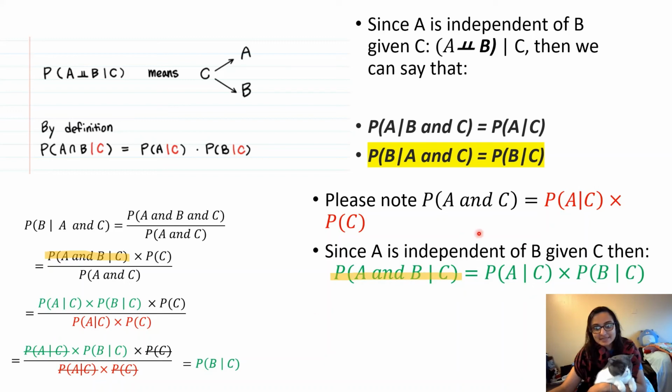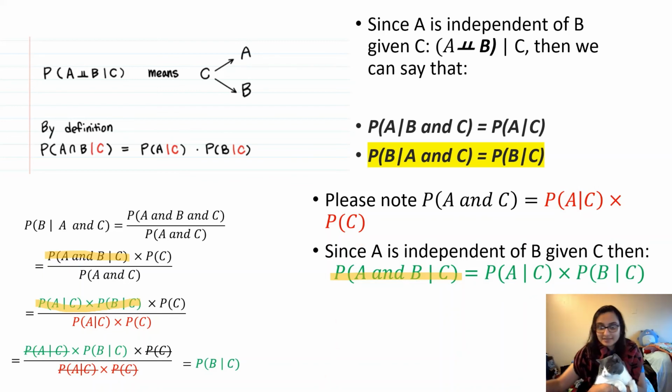Since A is independent of B given C, the probability of A and B given C is just equal to the probability of A given C multiplied by the probability of B given C. So that's what this part now becomes, it gets fleshed out into this. And then we keep the probability of C here. And similarly, for the probability of A and C, we can express it this way as the probability of A given C multiplied by the probability of C.